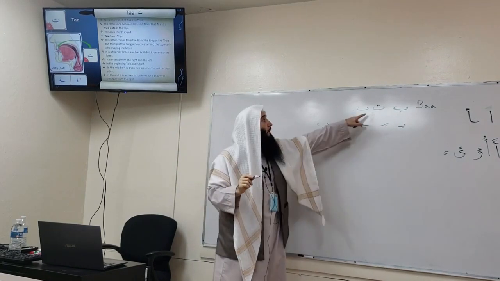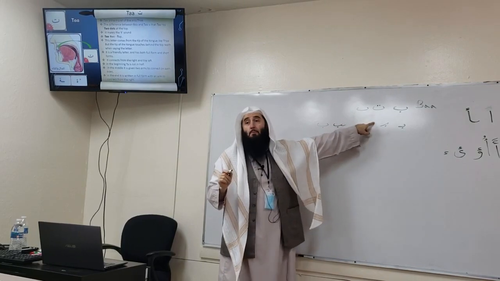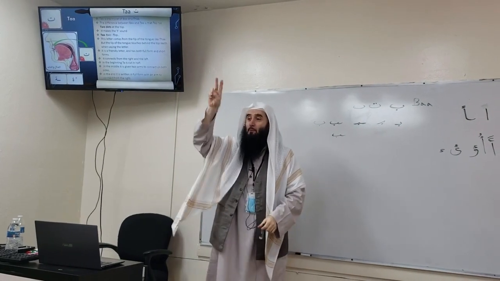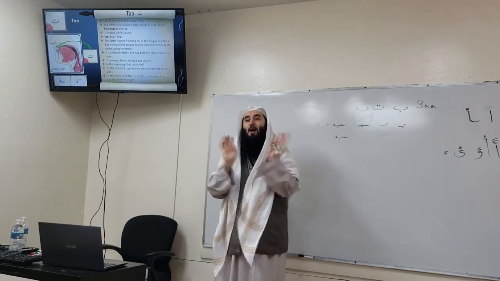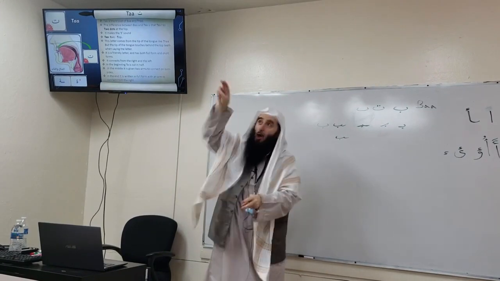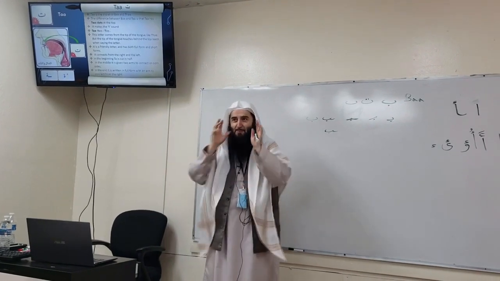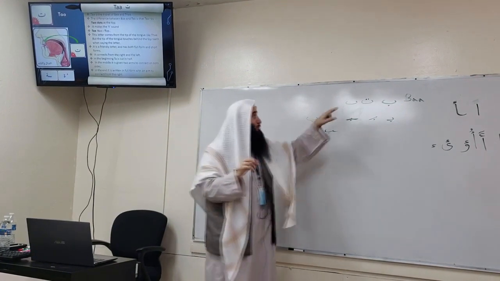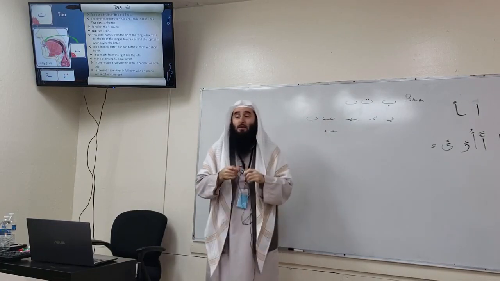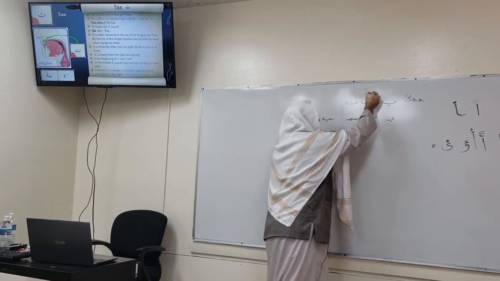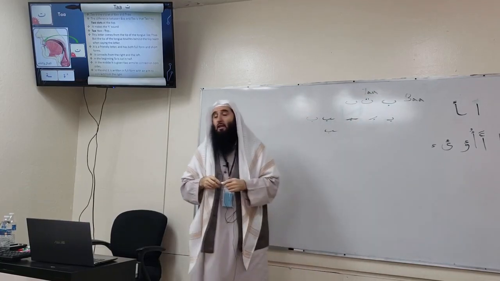At the top. Top, not the bottom. Two top. Ba, bottom. Keep that hint with you, okay? Two top. This is the letter ta. This is the name of the letter ta.